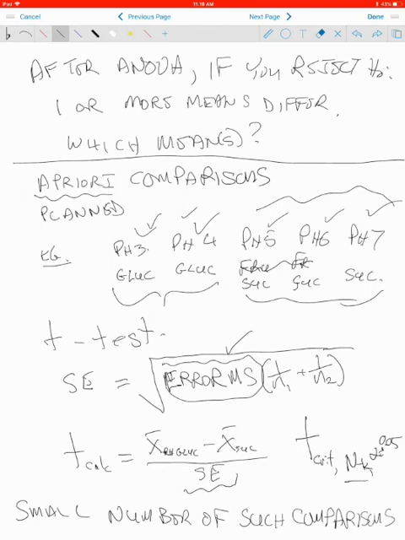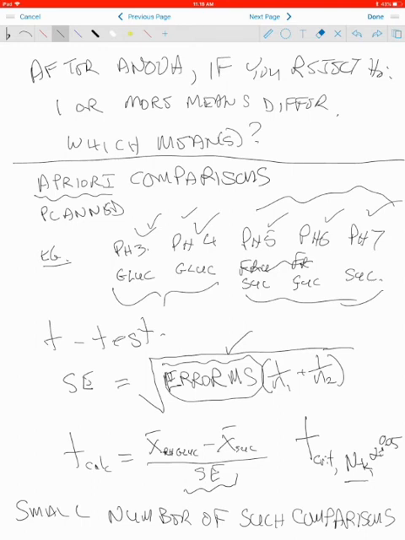So there's a formal way of knowing how many such comparisons you can do and which ones you can do. There are restrictions if you're doing more. Let's say I'm comparing glucose and sucrose, and then somehow I want to compare, for example, pH 6 with pH 4.